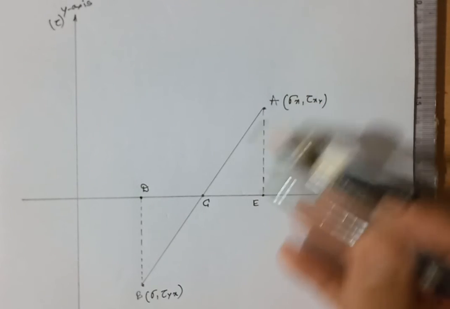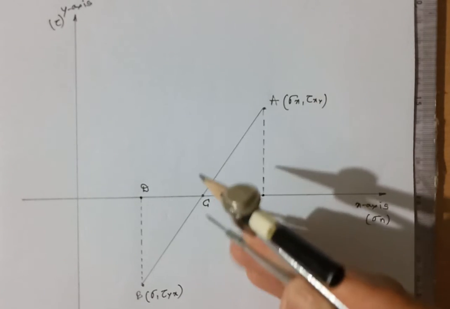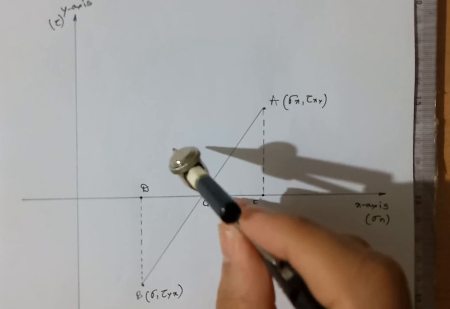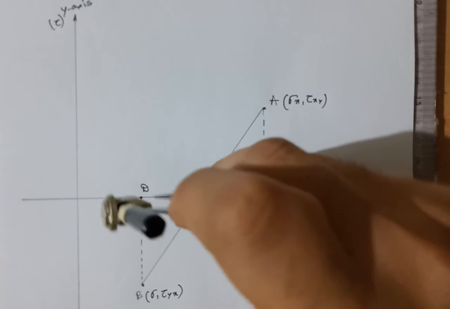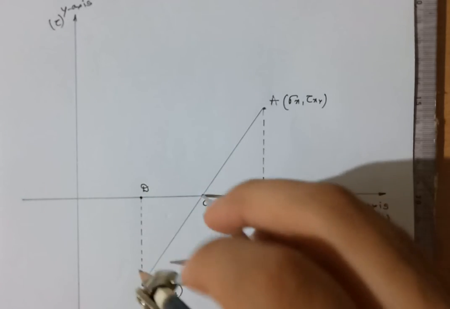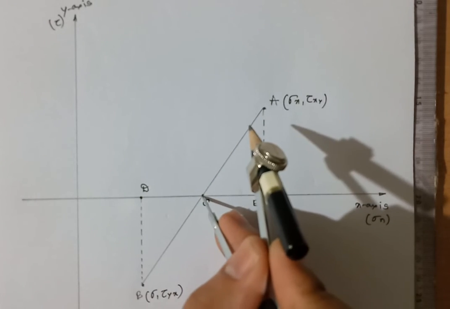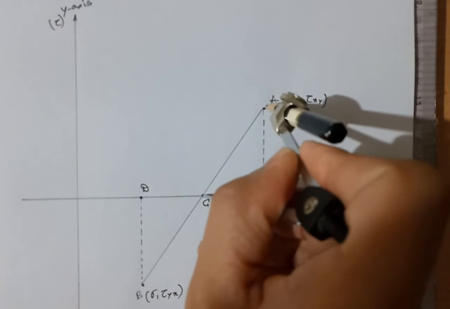Now with AC as the radius, you can just check it out.